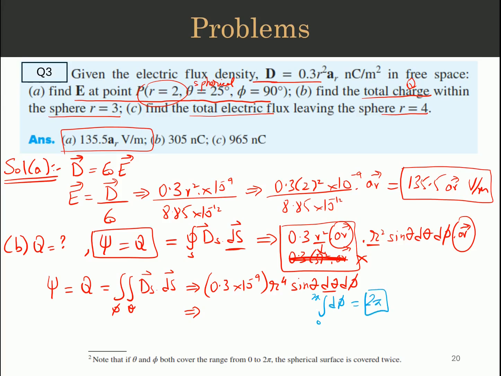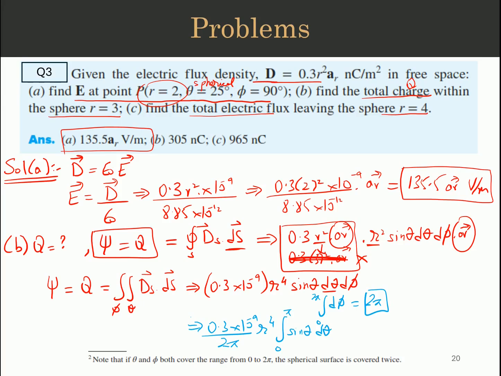This is the first thing I get, and then my equation comes out to be 0.3 into 10 raised to power minus 9 times 2π. The value of r⁴ is a constant, it will come out, and then I can integrate from 0 to π sin θ dθ.